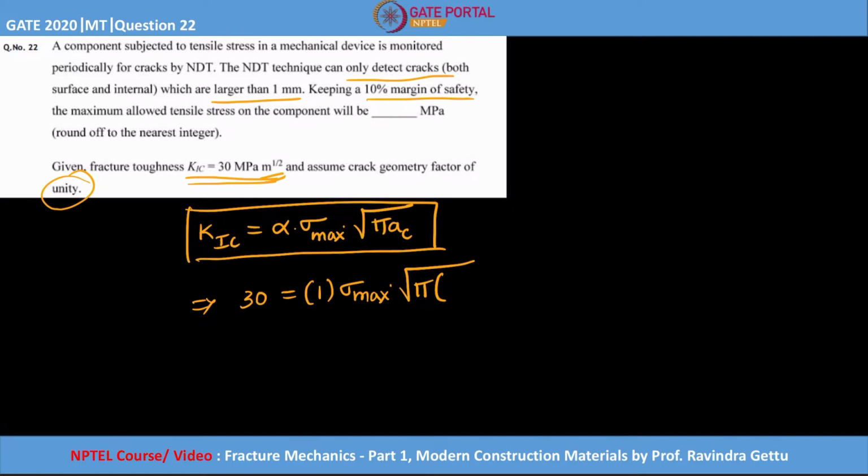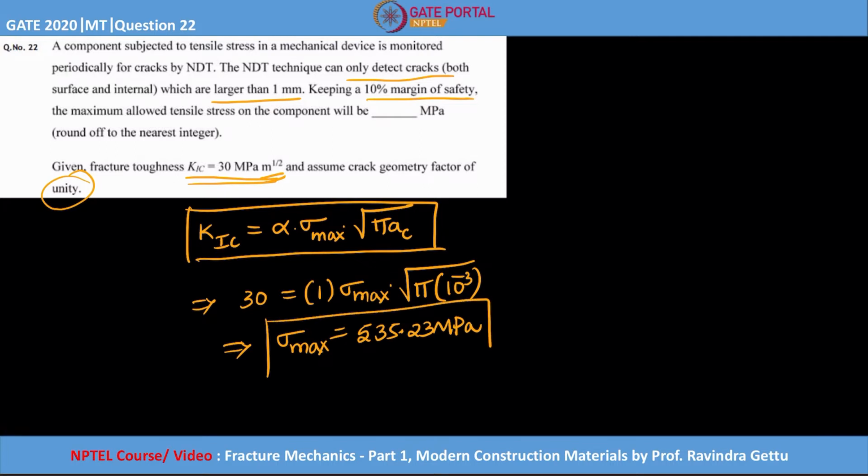So 1 mm is 10 power minus 3 meter. If you simply solve this, you will get sigma max to be 535.23 MPa.